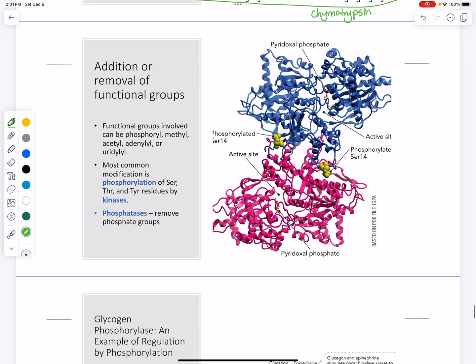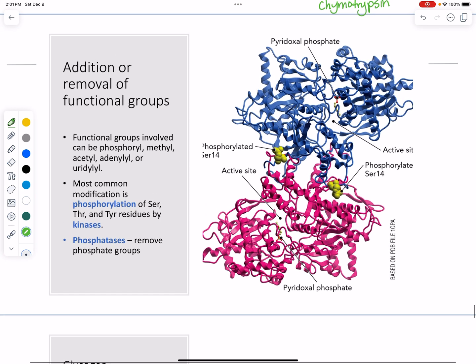So the other type of covalent modification that we can have is, again, adding or removing functional groups. Common things to add onto proteins are phosphoryl groups, methyl groups, acetyl groups, adenylyl groups, or uridyl groups.